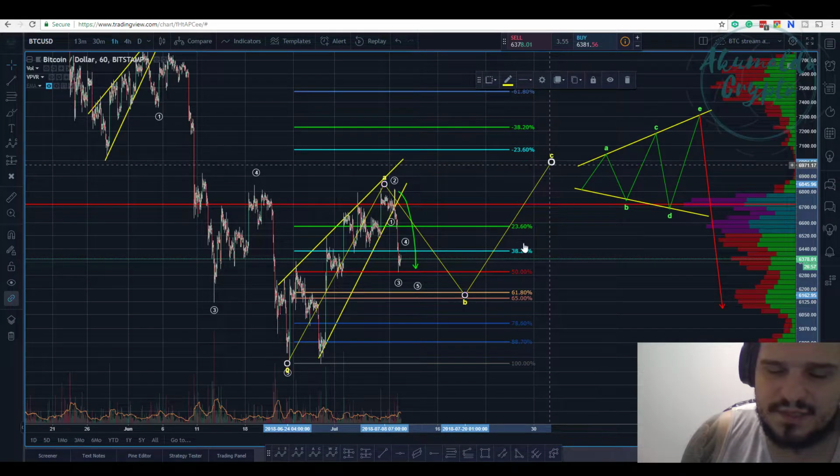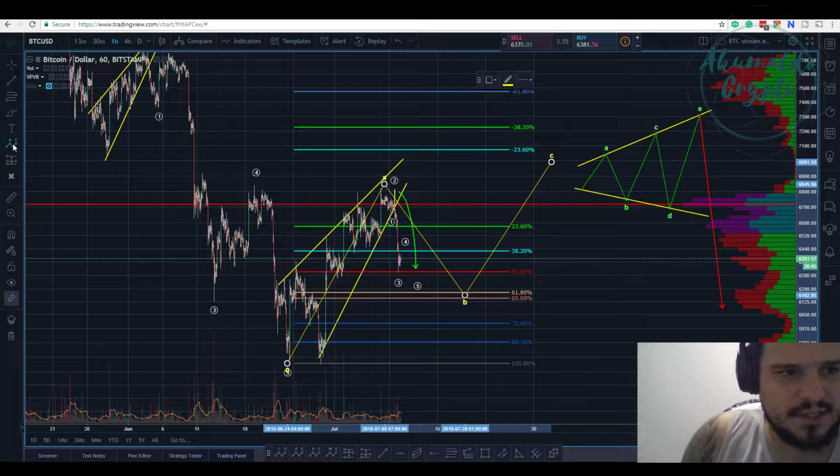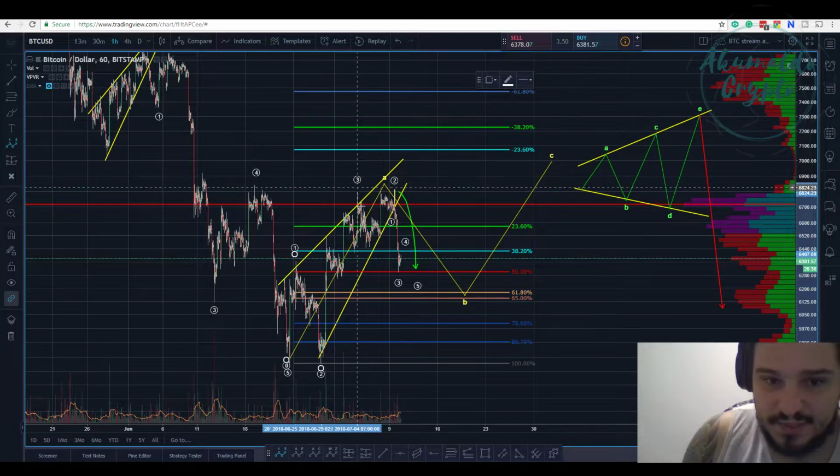This would be like this. So a leading diagonal in a corrective wave: in the first wave A, we can have an A, B, C for wave 1. This is within the rules. If you go and look for it, this is okay. 1, 2, this is our 3, 4, and 5.